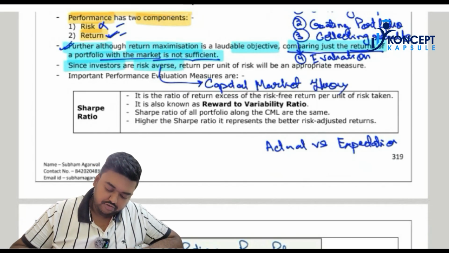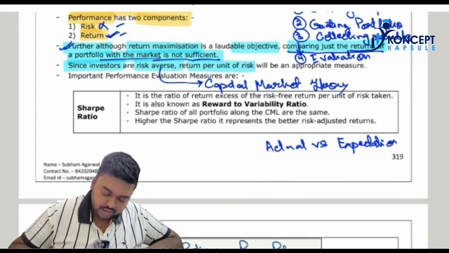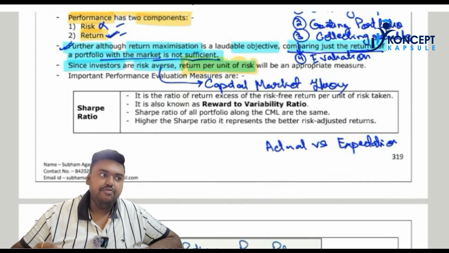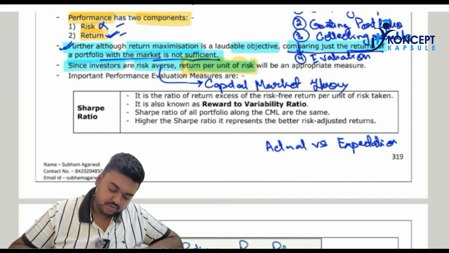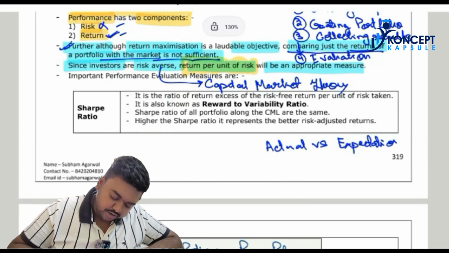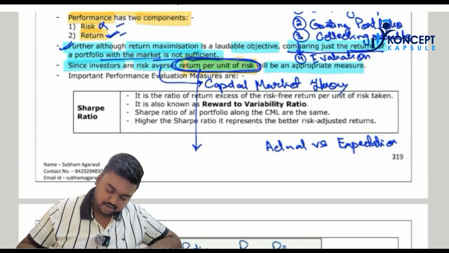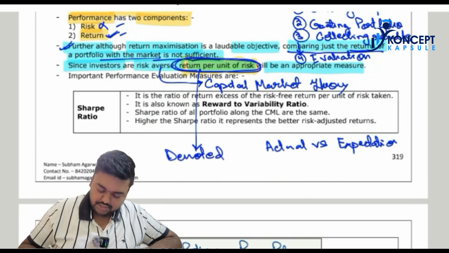Return per unit of risk is a very important metric and will be an appropriate measure. And this return per unit of risk is something which is denoted by different measures.